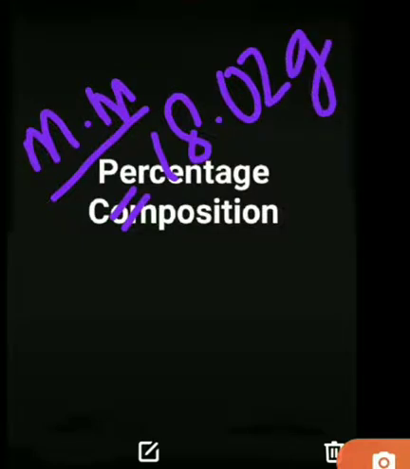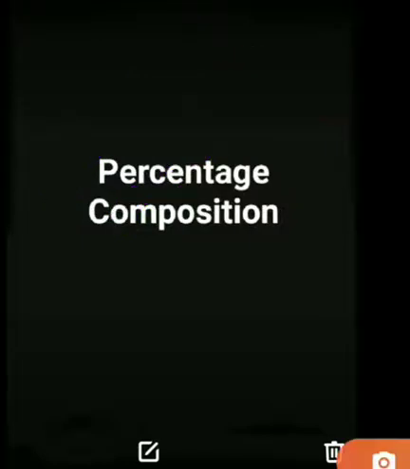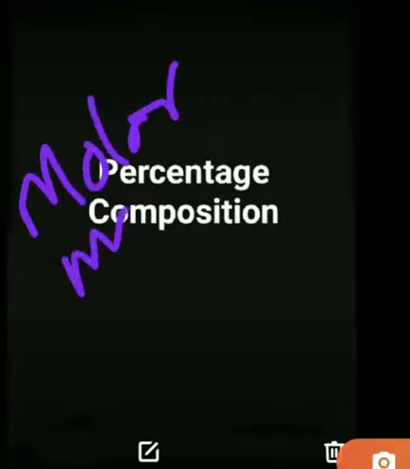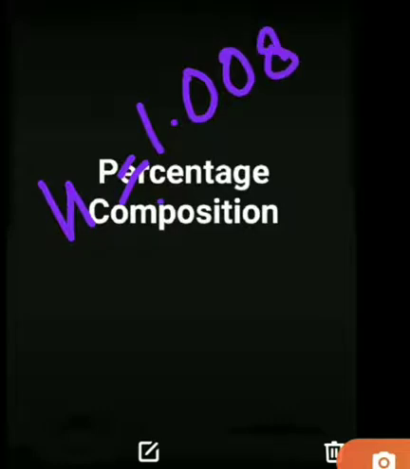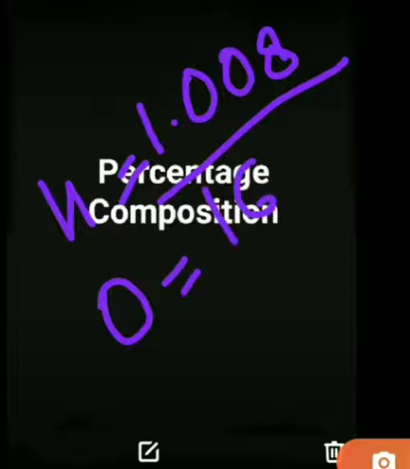Now the mass of hydrogen is 1.008. We assume it as 1 also, and the mass of oxygen is 16. Okay, so these are the basic 3 data. Now you just have to put in the values and you will get the percentage of hydrogen and oxygen in the compound, that is water.